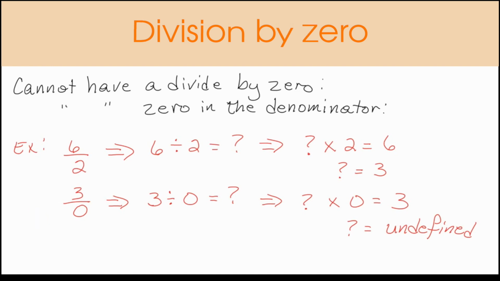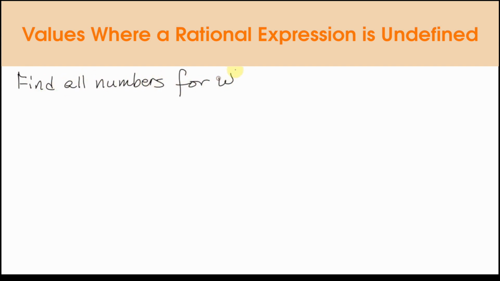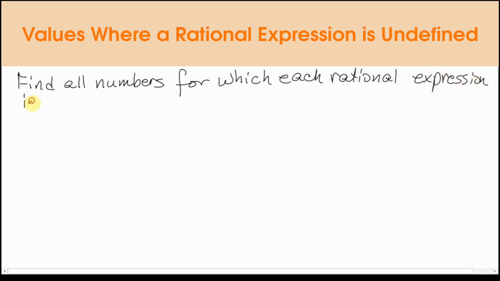So let's look at some examples. We want to find all numbers for which each rational expression is not defined. In other words, we want to find out where the denominator for these rational expressions goes to 0, because we can't have a divide by 0.